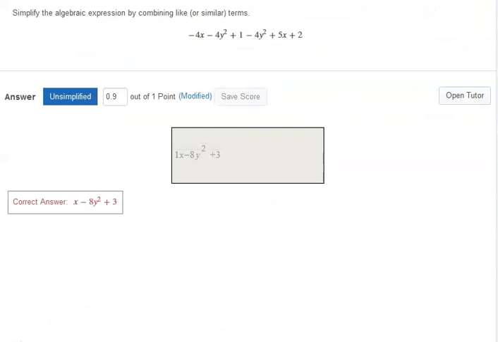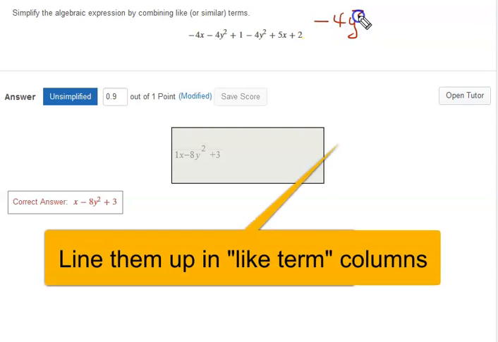Now, example 15 asks us to combine like terms. So you might say, what would be the protocol for that? Well, I had mentioned you can put them all in like term columns. I'm putting all the y squares in one column. So I have this one and this one.